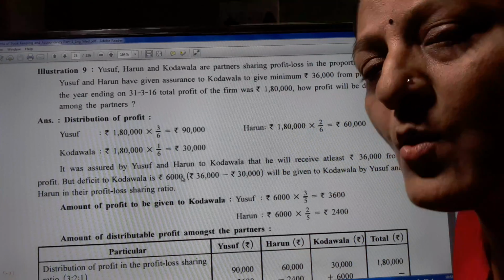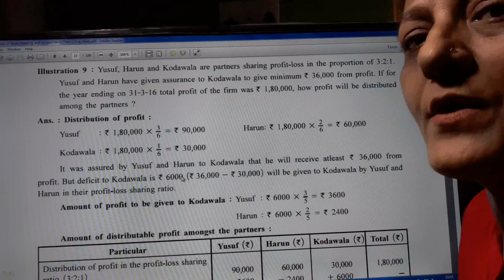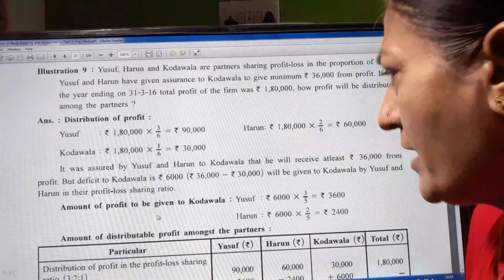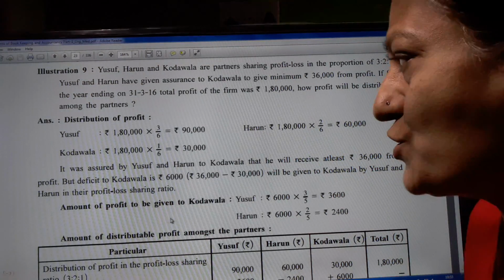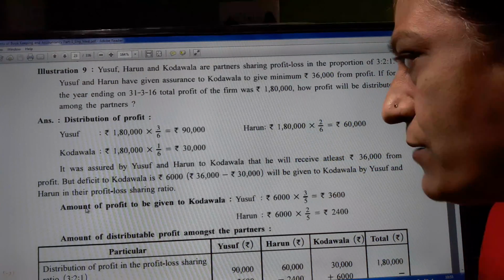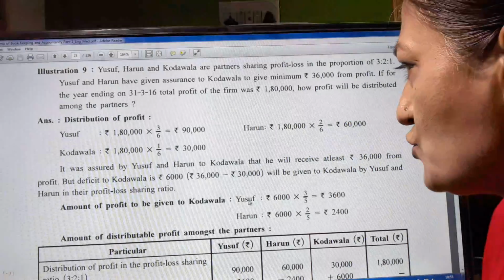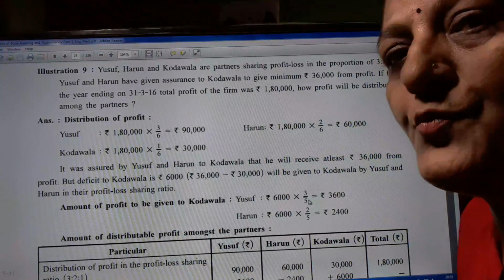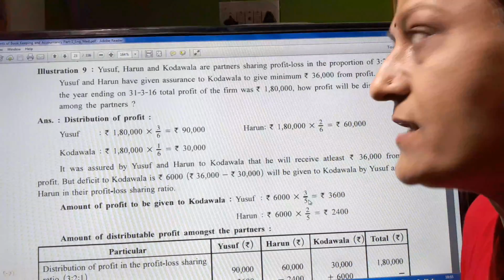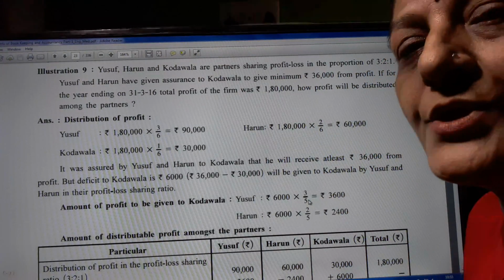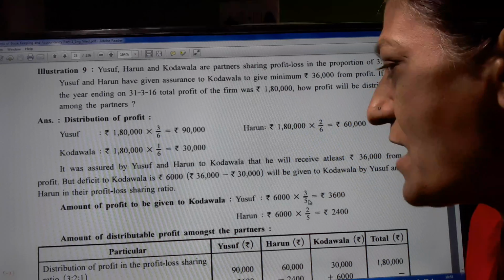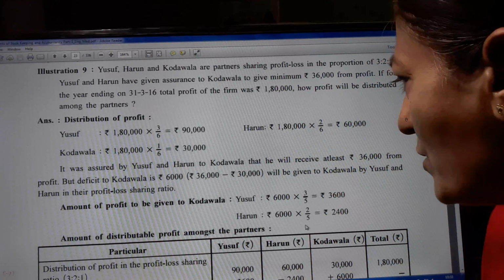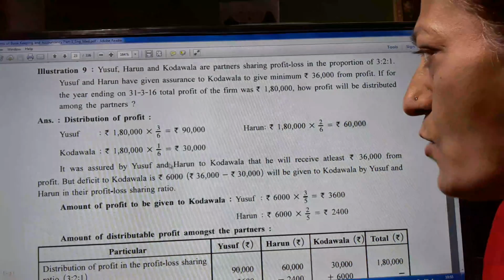Now the 6,000 amount is the less amount Kodawala received. So now Yusuf and Harun give this amount in their profit and loss sharing ratio. Yusuf: 6,000 into 3 by 5, because here two partners are there, Yusuf and Harun, and their ratio is 3:2. So 3 plus 2 means 3 by 5 and 2 by 5, and the deficit amount is 6,000.